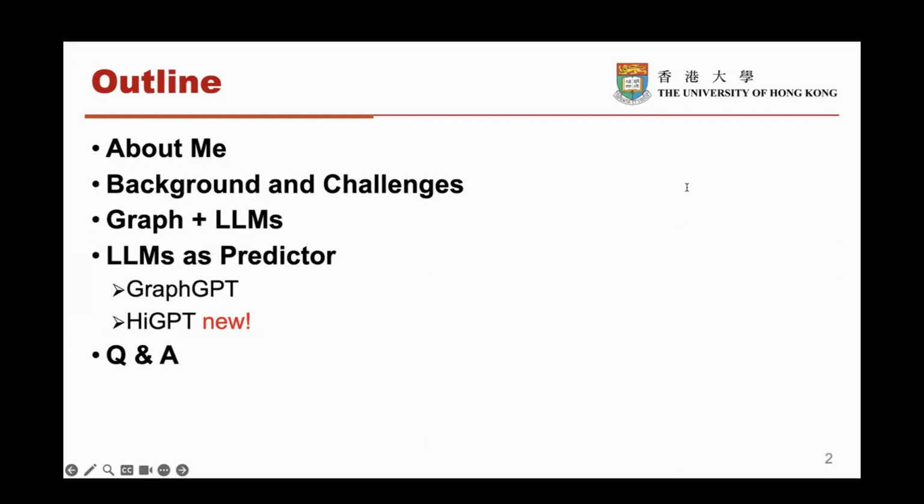I will first introduce the background and challenges of both graph and LLMs, and then provide a brief introduction of combining graph and LLM, namely graph plus LLMs. Next, I will introduce our LLM as predictor methods, namely GraphGPT and HiGPT. And then the final part is Q&A.